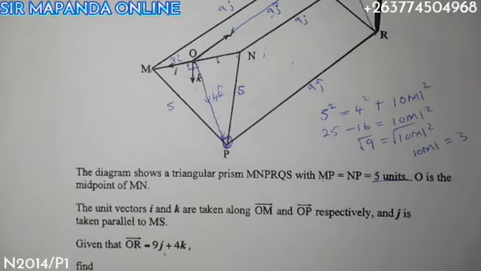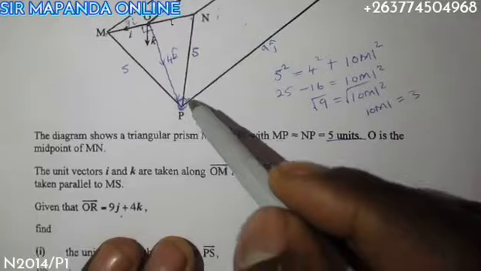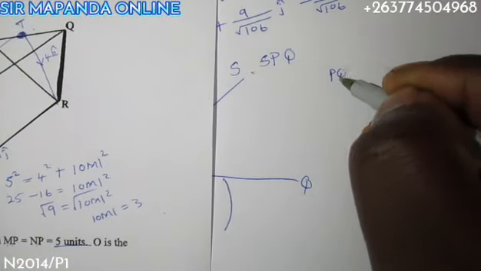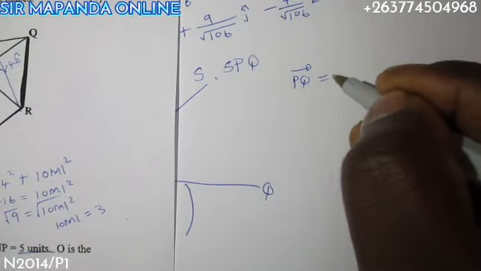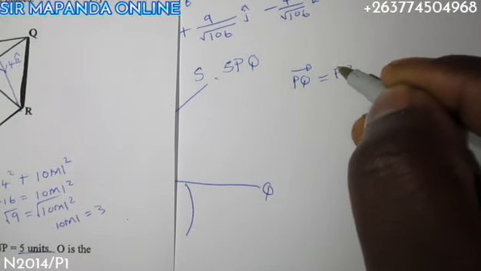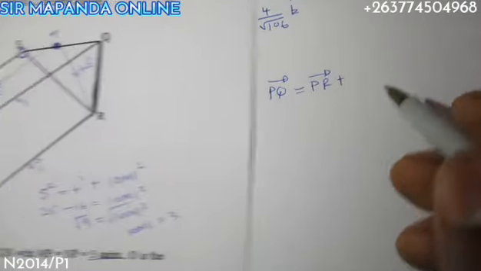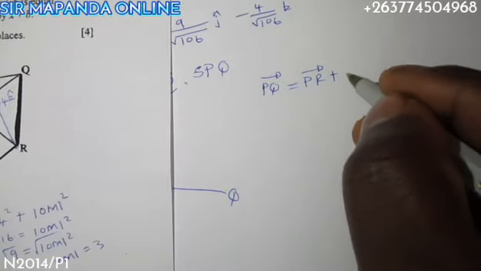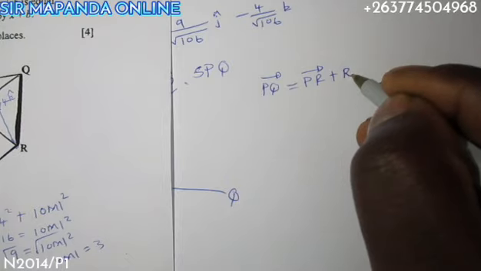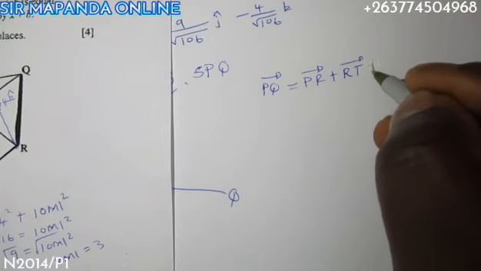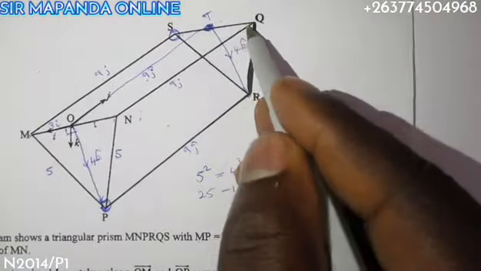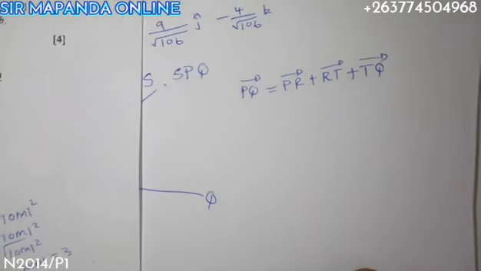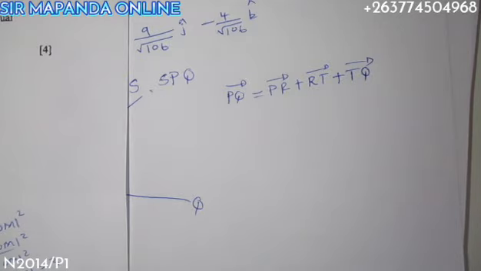So let us identify PQ. What is PQ? To find PQ, you are going to move from P to R. So PQ is equal to P to R plus R to T, then plus T to Q. So this is the route to find PQ.